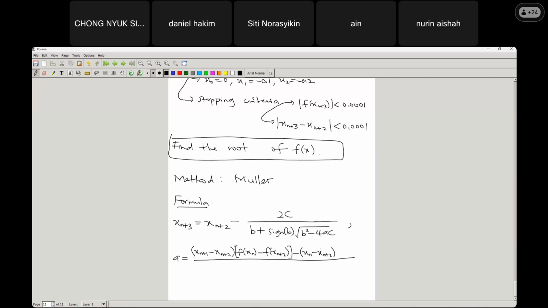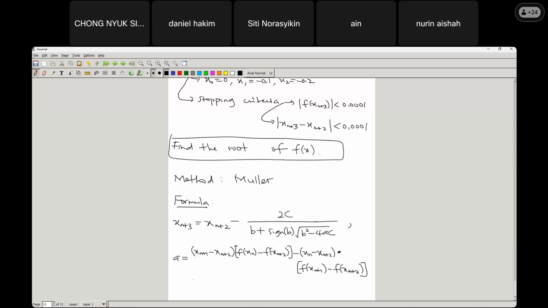Oh, guys, I do not have enough space. Do you mind if I write the next one here? Multiply by f(xn plus 1) minus f(xn plus 2).